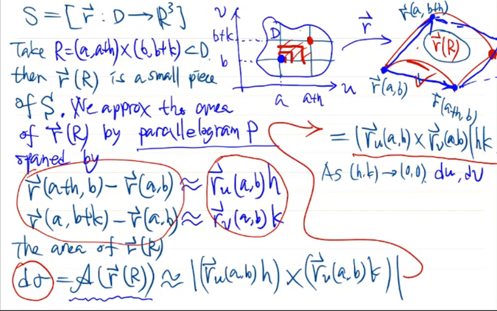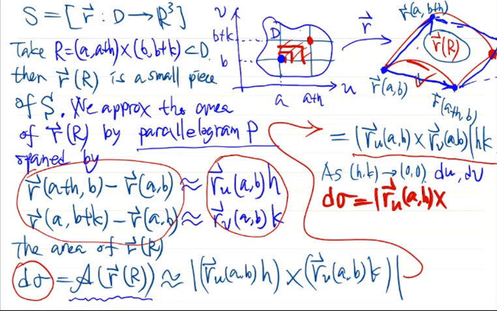If the diameter of the rectangle is large, the error of this approximation will be very considerable. But when the rectangle shrinks to the point (a, b), the accuracy will increase.